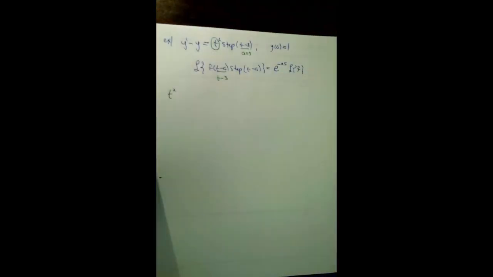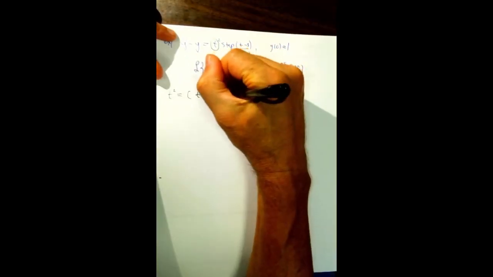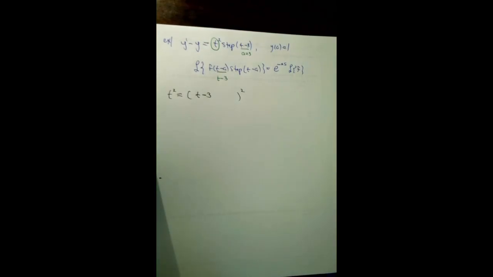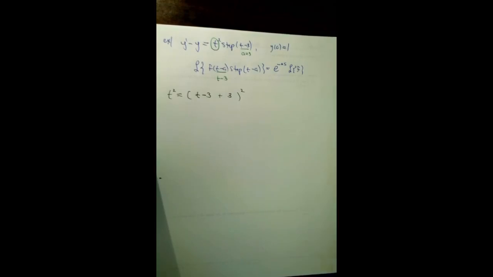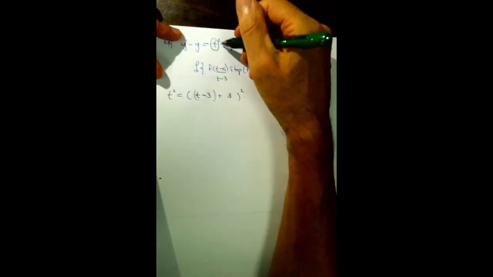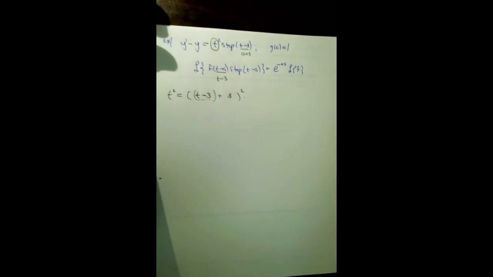So I've got my t squared. So everywhere I see a t, I'm going to subtract 3. But if I subtract 3, I have to add 3. And so now this is exactly equal to what's above there, but it's in terms of t minus 3's everywhere.